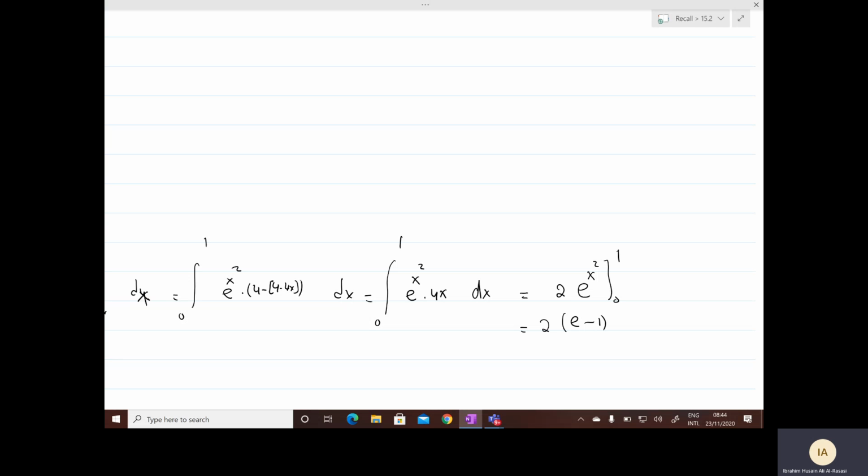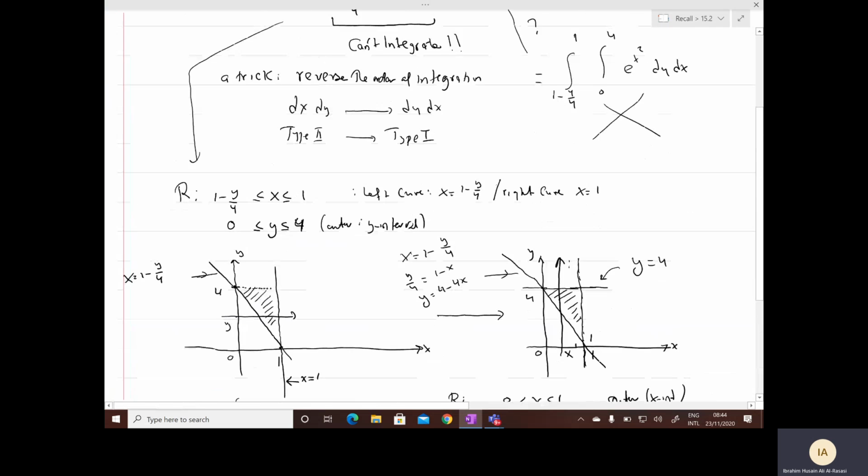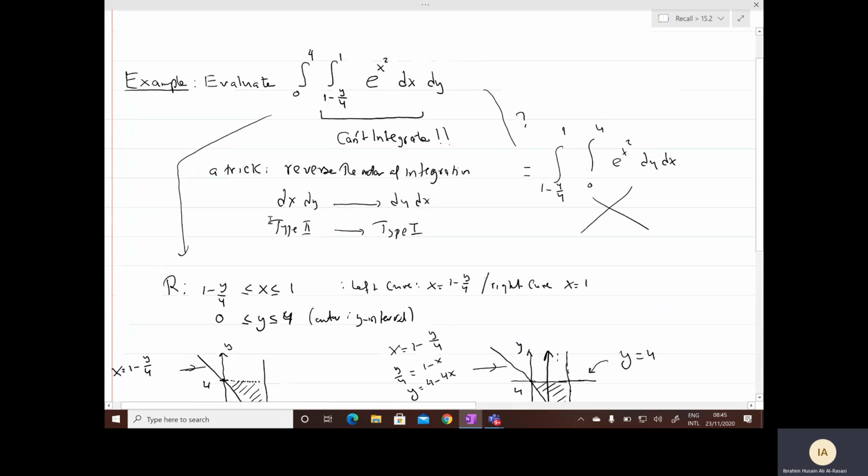This is really a tricky thing, but it is not difficult. Basically, if you cannot integrate, just reverse the order of integration. This means write it as an integral of the other type. If it is type 2, make it type 1. If it is type 1, make it type 2. Or look at the outer limits. From 0 to 4, it is a y interval, so write it as an integral with the outer integral as an x interval.